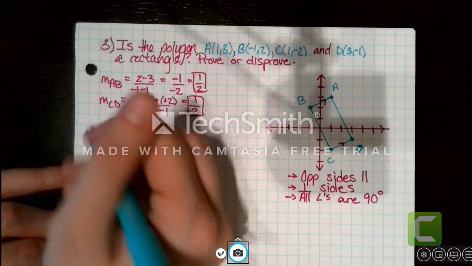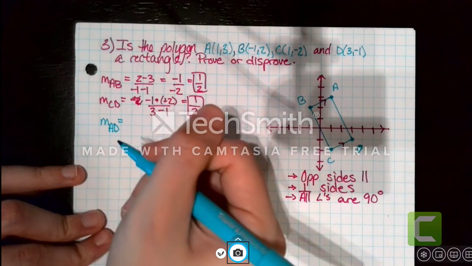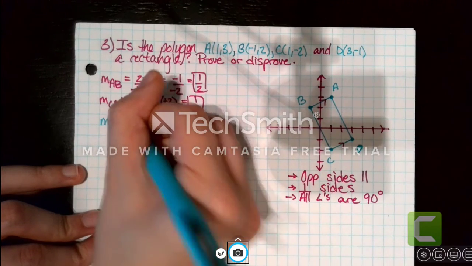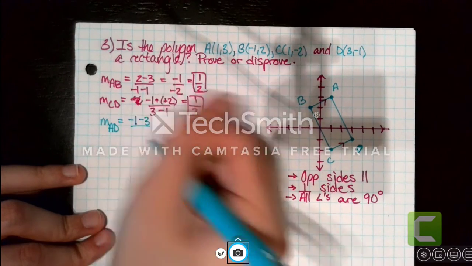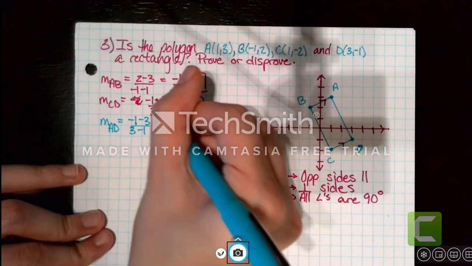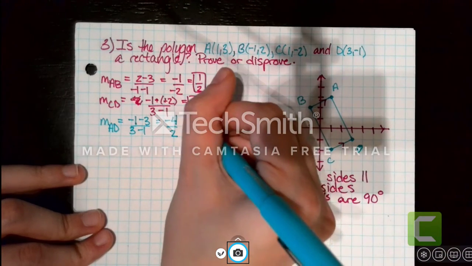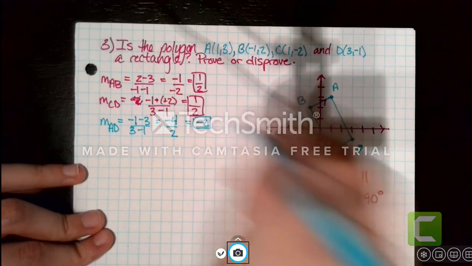Next, we'll prove the slope of AD is equal to -1 minus 3 all over 3 minus 1, which is equal to -4 over 2, to get us the full value of -2 for the slope.